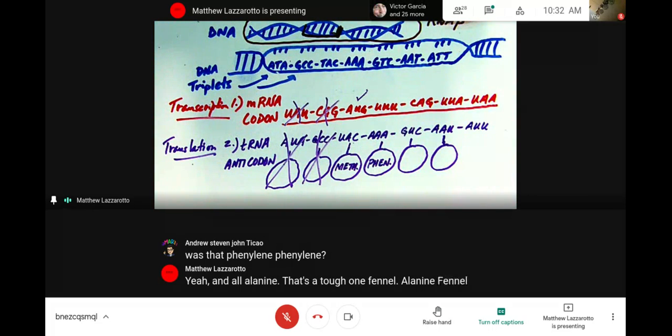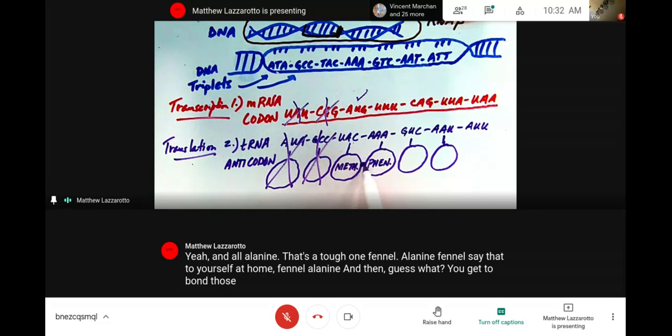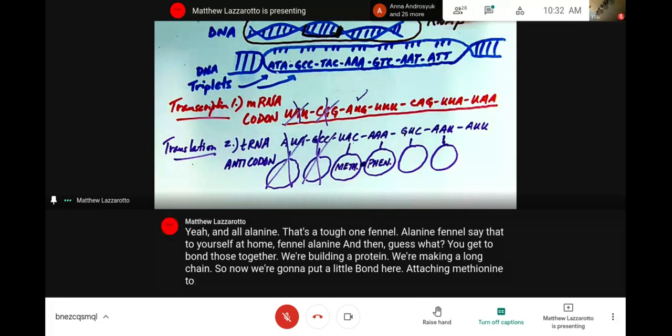Say that to yourself at home, phenylalanine. And then guess what? You get to bond those together. We're building a protein. We're making a long chain. So now we're going to put a little bond here, attaching methionine to phenylalanine. Making a protein, gang.